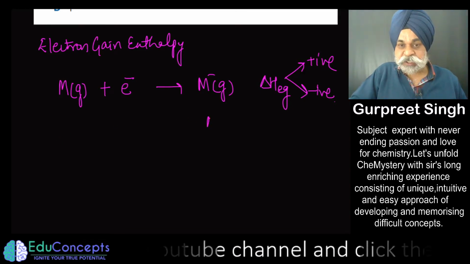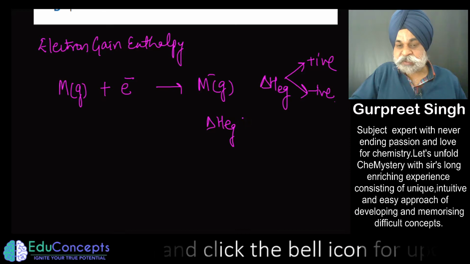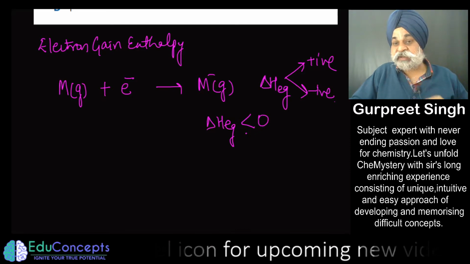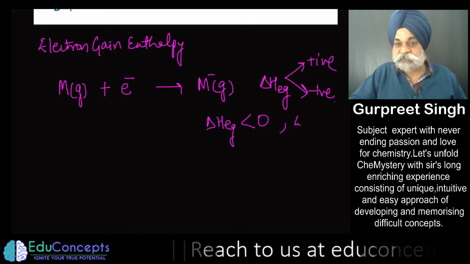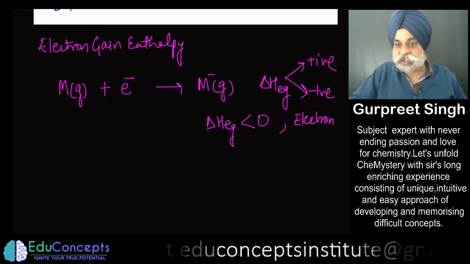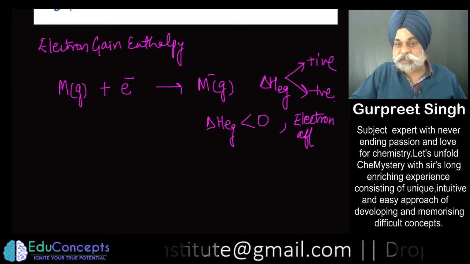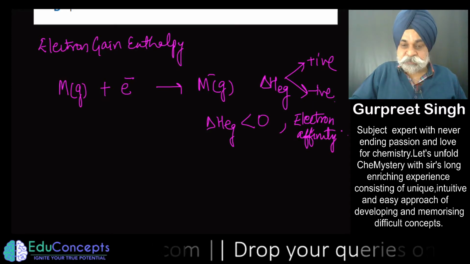So most of the time electron gain enthalpy is negative. When energy is released, that energy could also be defined as electron affinity. At times we use this term also, electron affinity.